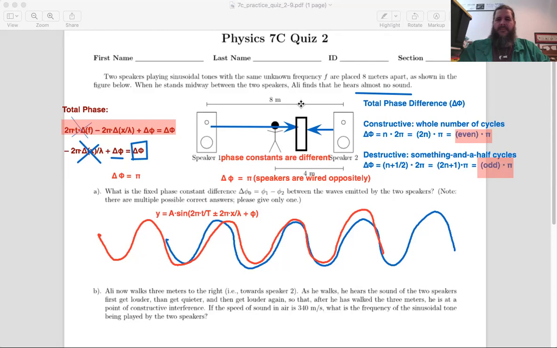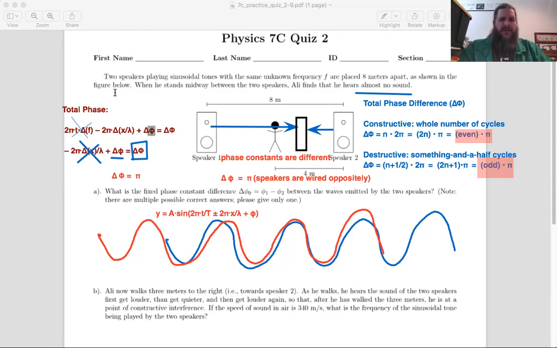Oh, just for the annotation, I guess. There's like a little phi and then a big one. So when you wrote the equation for the total phase, are those two the same? Unfortunately they look kind of similar in this font, but they are different. Specifically, we have a lowercase phi here.